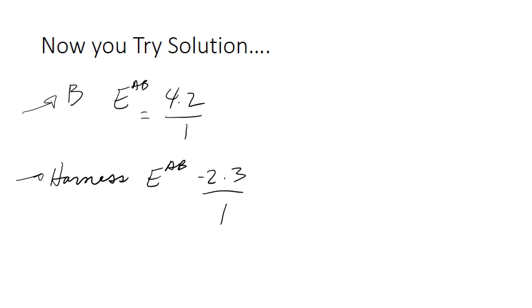So if their EAB is 4.2, I think it's easiest to just turn it back into a fraction. What this means is that for every 1% increase in price for skydiving, bungee jumping folks are going to experience a 4.2% increase in quantity demanded for bungee jumping. Of course, this is a positive number and a substitute.